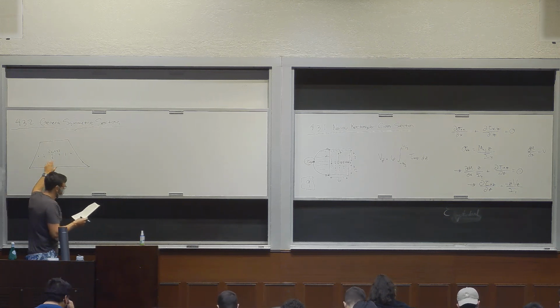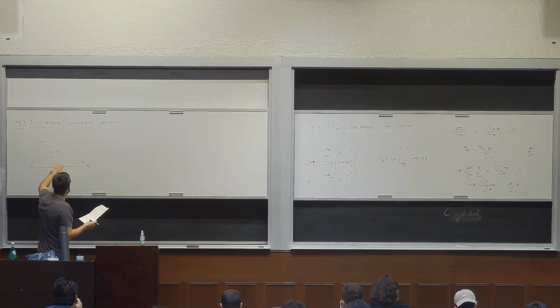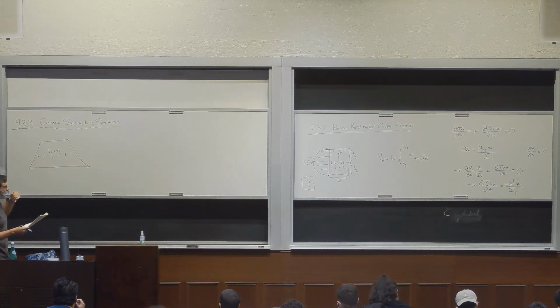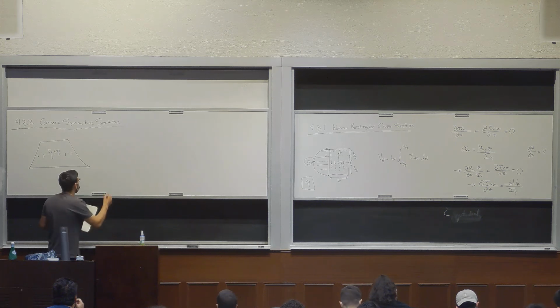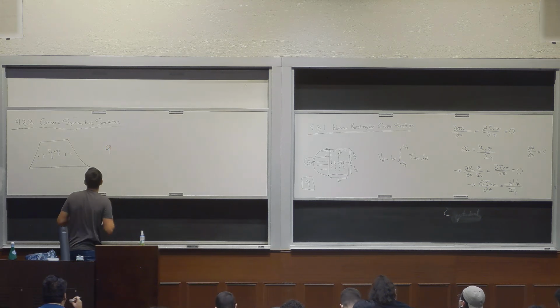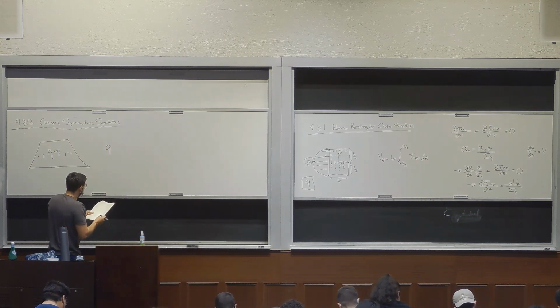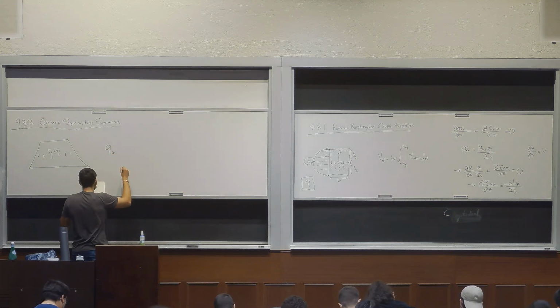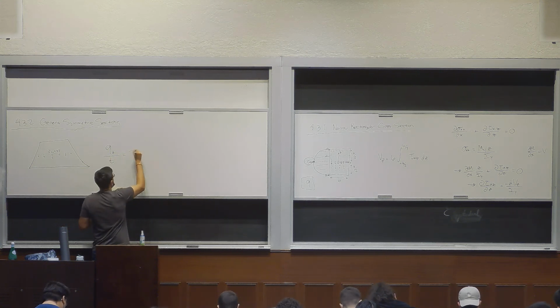Since this is not uniform, it's hard to solve for the distribution in that direction. So typically what we're interested in, like I said earlier, is finding the shear flow. If you remember, the shear flow, called Qz, divided by the thickness is going to equal tau xz.